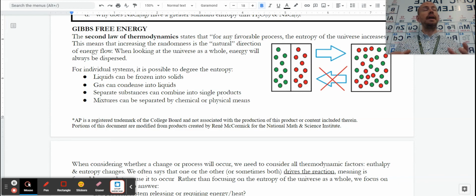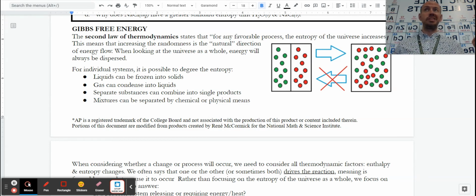But if we're looking at individual reactions, and we looked at some previously, it is possible to have a negative delta S, a decrease in entropy. We can take liquids, free moving particles, and freeze them into solids. We can take gases, which are moving quickly and randomly and all over the place, and turn them into liquids or solids.